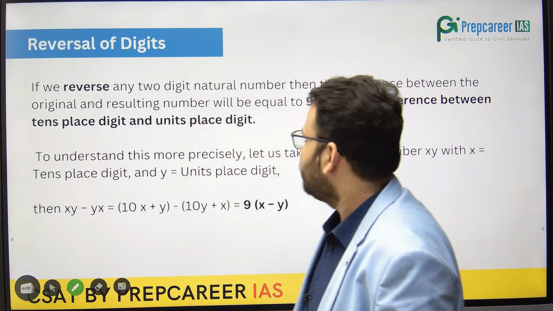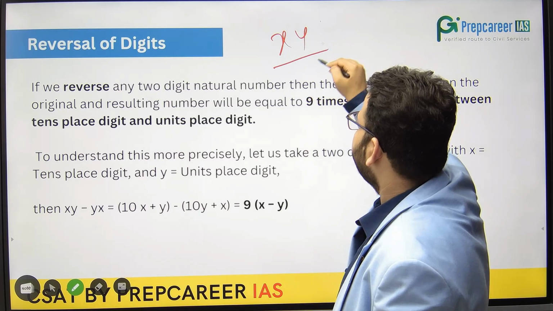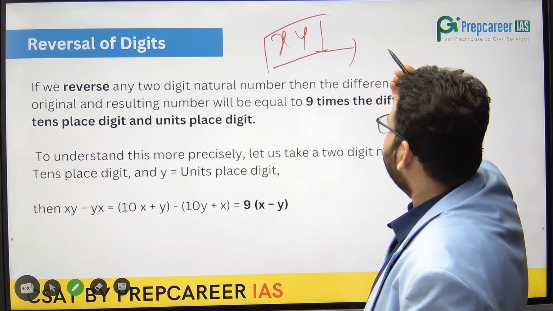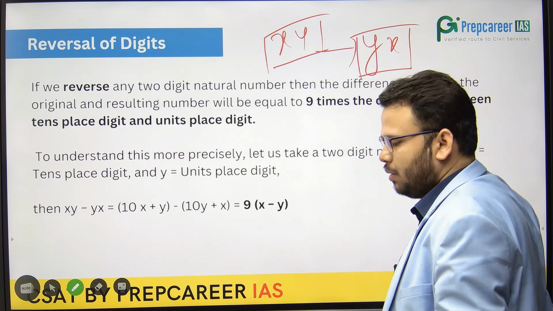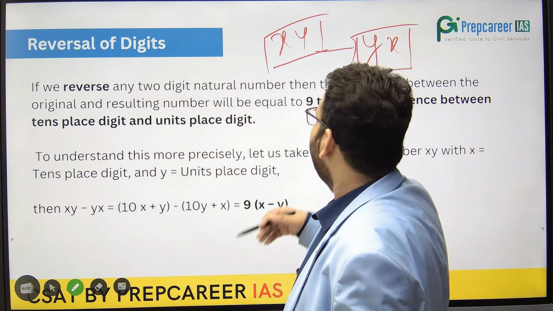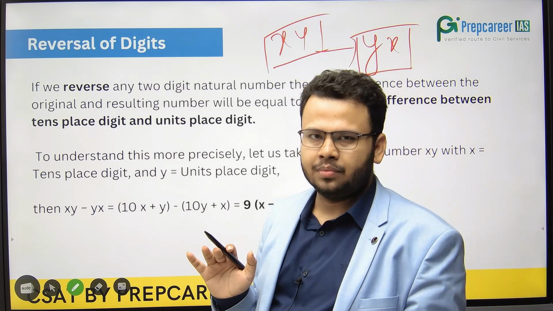Suppose we have a 2-digit number XY, right? Now we have reversed the digits. So after the reversal, this number will become YX. The position of X will be taken up by Y and the position of Y will be taken up by X, right?